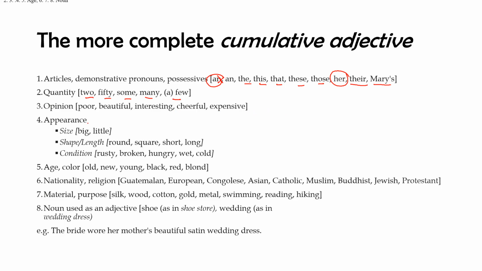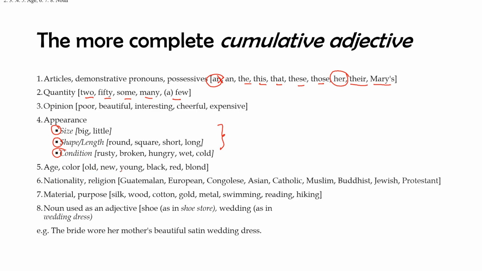The next one is appearance. The first one is about size, like big, little; shape or length, shape like round, square, length like short and long; condition like rusty, broken, hungry, wet, cold. These must be in the right order: size, shape, and condition. And we come to age and color.